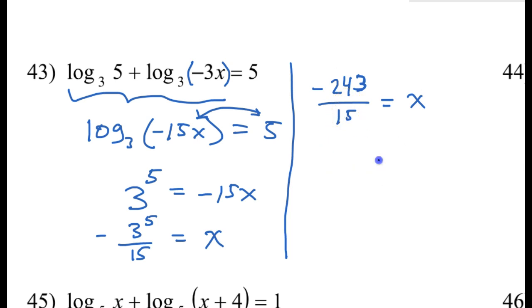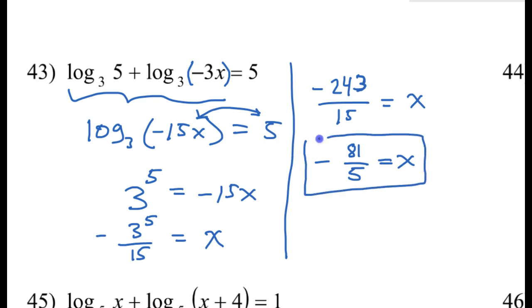So what does this reduce down to? Like 81 over 5. I'm pretty sure. So this is the answer. Number 42.